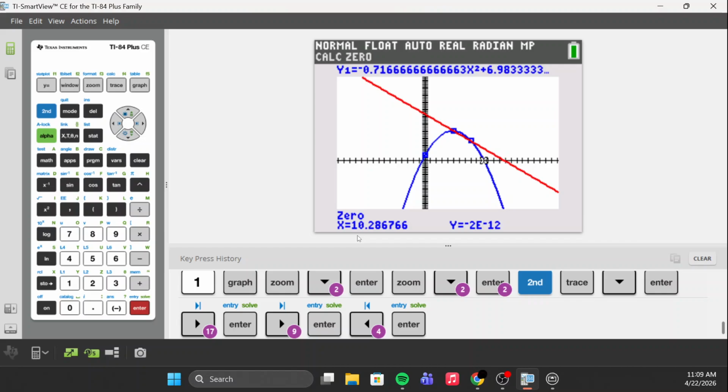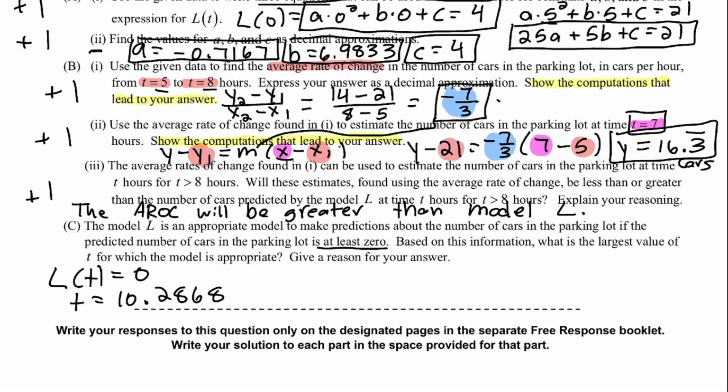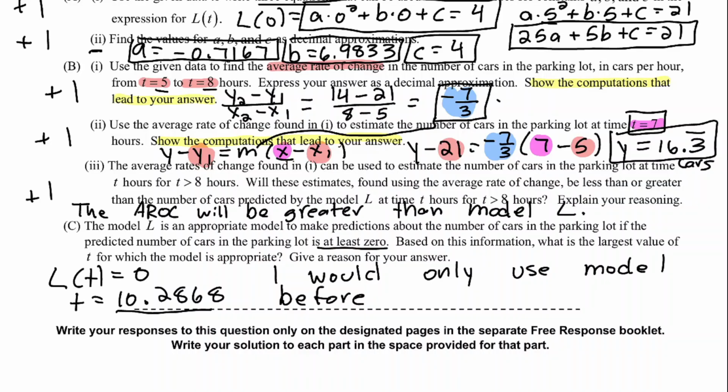So L of t equals 0 when t is equal to about 10.2868. The 7 will actually go up to an 8 because of the 6. Because of this, I would say I would only use model L before 10 hours.